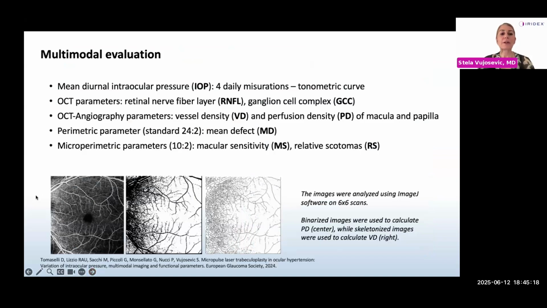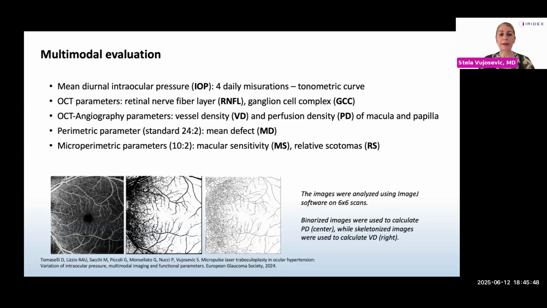The multimodal evaluation included the evaluation of the IOP, like 4 daily measurements, the tonometric curve, the evaluation of the OCT parameters, so retinal nerve fiber layer thickness and ganglion cell complex, the OCT angiography parameters, the vessel density and the perfusion density of macula and papilla, then the functional parameters.